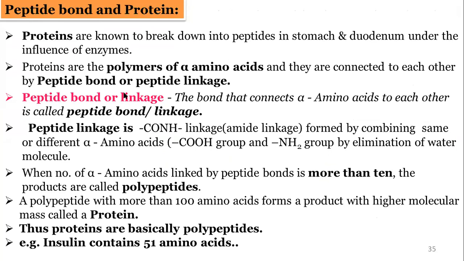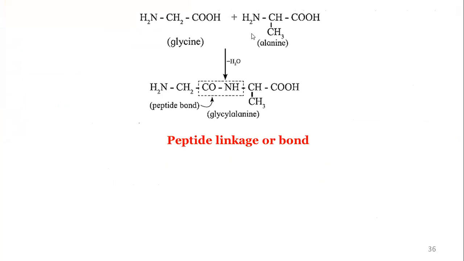Peptide linkage is nothing but when two same or different amino acids join. I am coming to this example. See, in this example, two different alpha amino acids are shown. One amino acid is glycine and the other is alanine. These amino acids are joined together with the linkage in the square bracket.